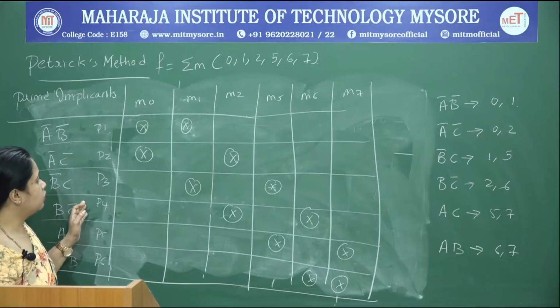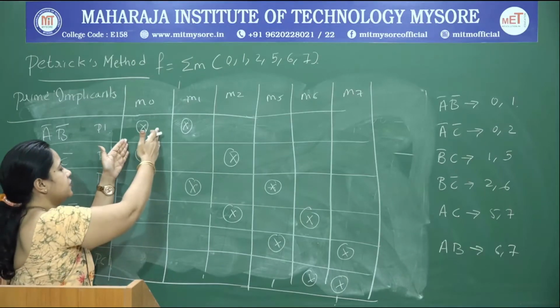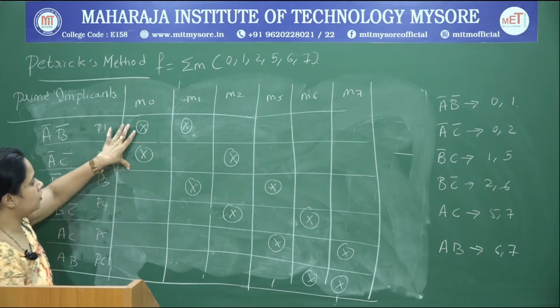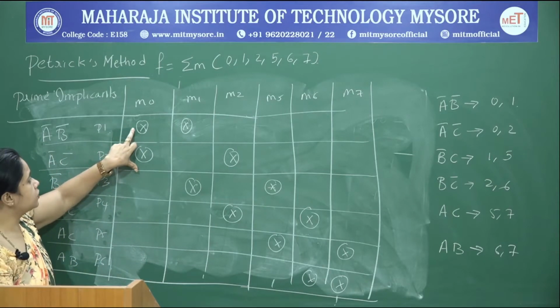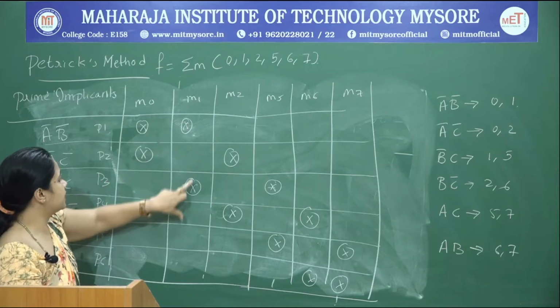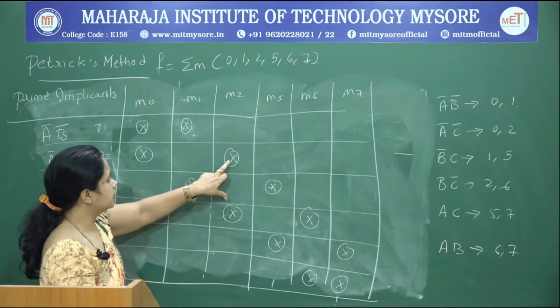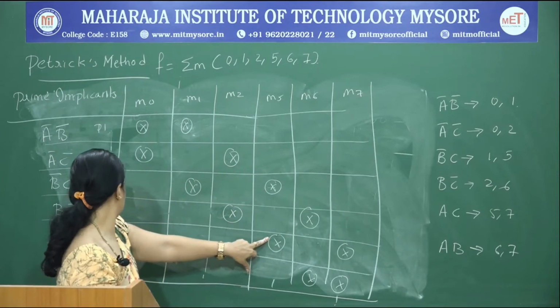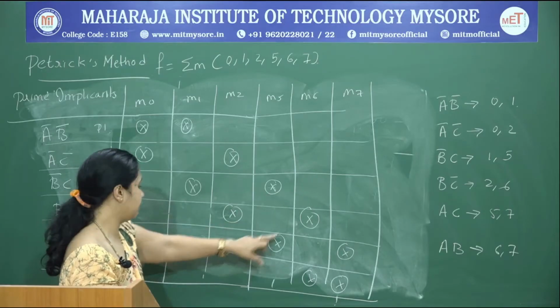Now what we try to do is we write an expression column wise for each minterm. So if you look into this column, this happens to be P1 plus P2. When it comes to this column, it is P1 plus P3. Next we have P2 plus P3 and P5, and so on.